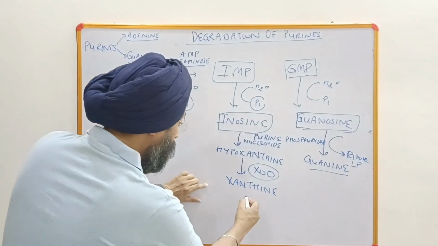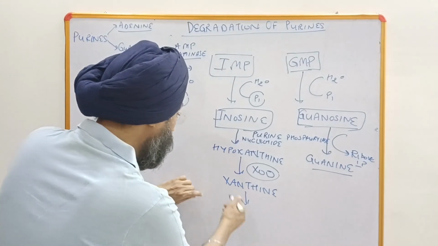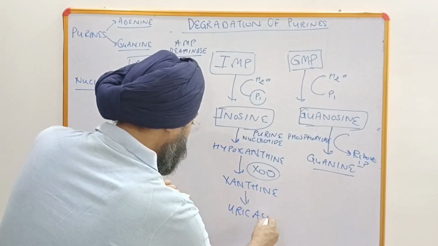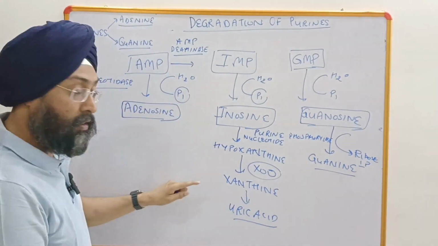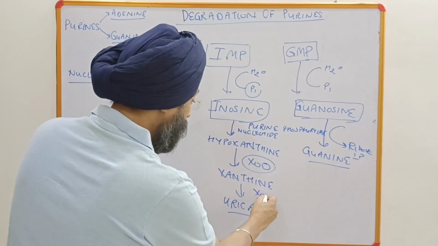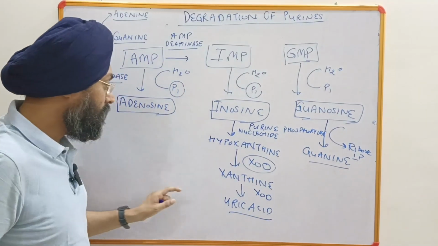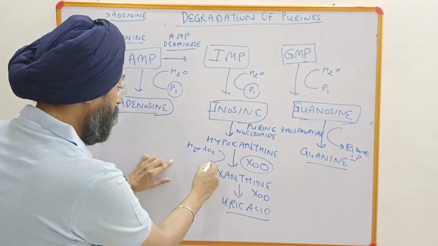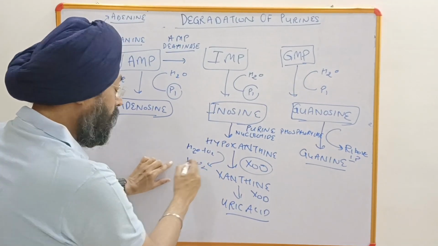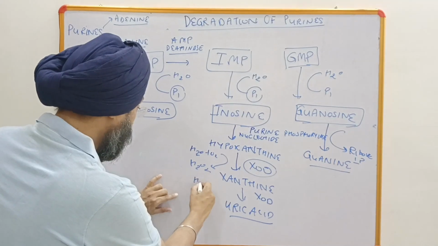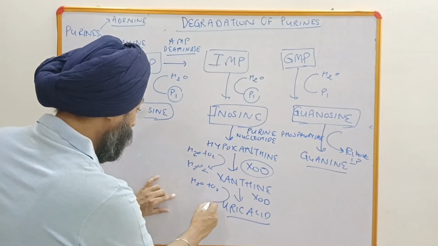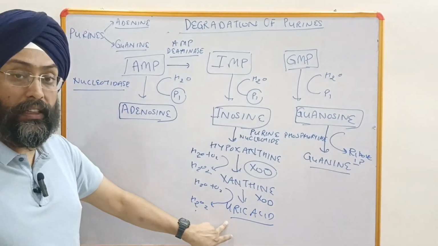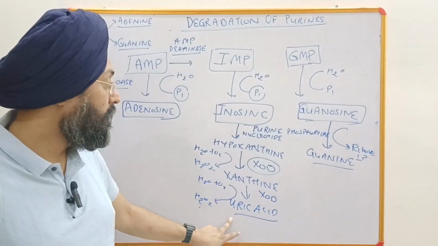And hypoxanthine can be converted into xanthine, which can be further converted into uric acid. That is the final product. The enzyme is again the same, xanthine oxidase. In both these steps, we require water and oxygen, and they are converted into hydrogen peroxide. In the same manner here, water and oxygen will form hydrogen peroxide, and we will get the final product, that is uric acid, right?